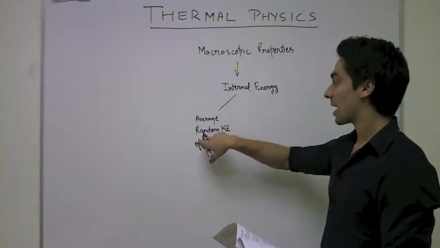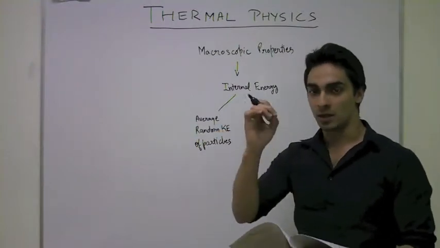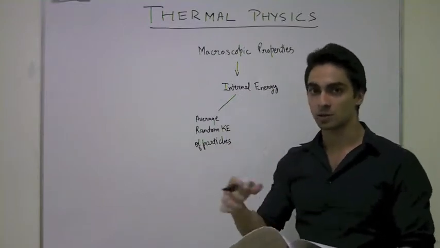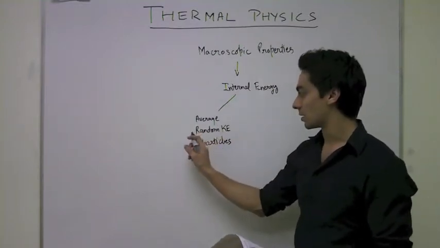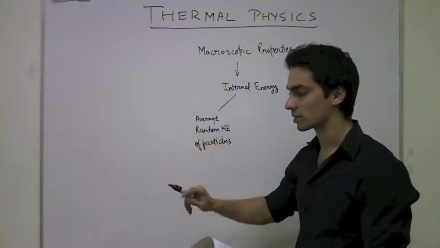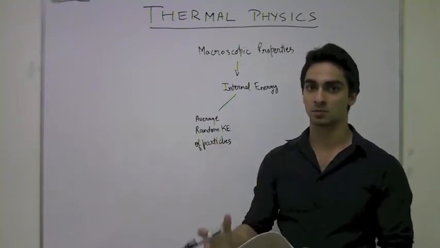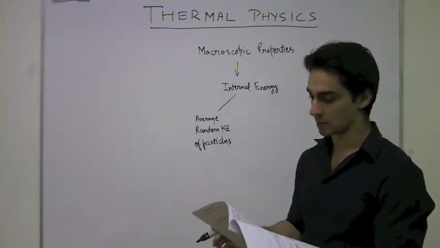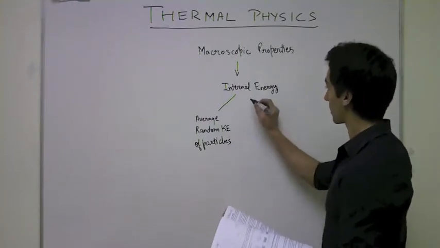Random, why? Because it refers to the kinetic energy of each of the particles and they're in constant random motion. A proof of that is via Brownian motion, which shows that all the molecules in a liquid or a gas are in constant random motion. So you can tell them about Brownian motion in this part.